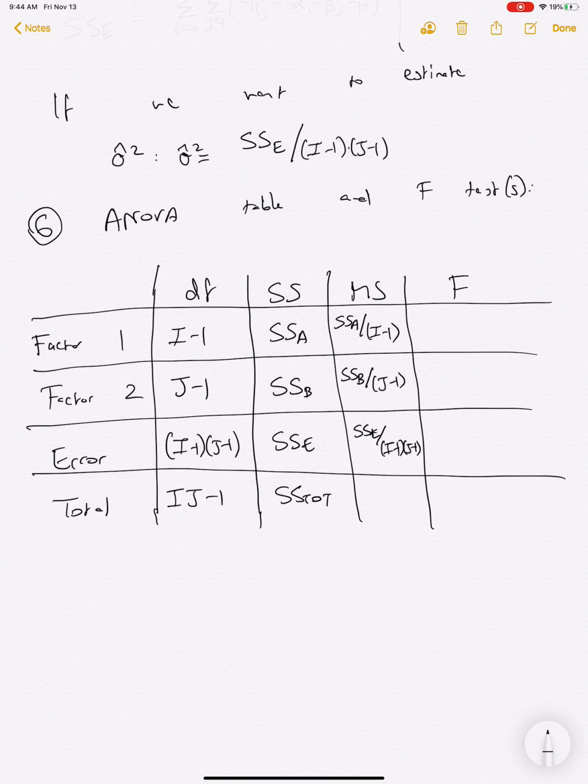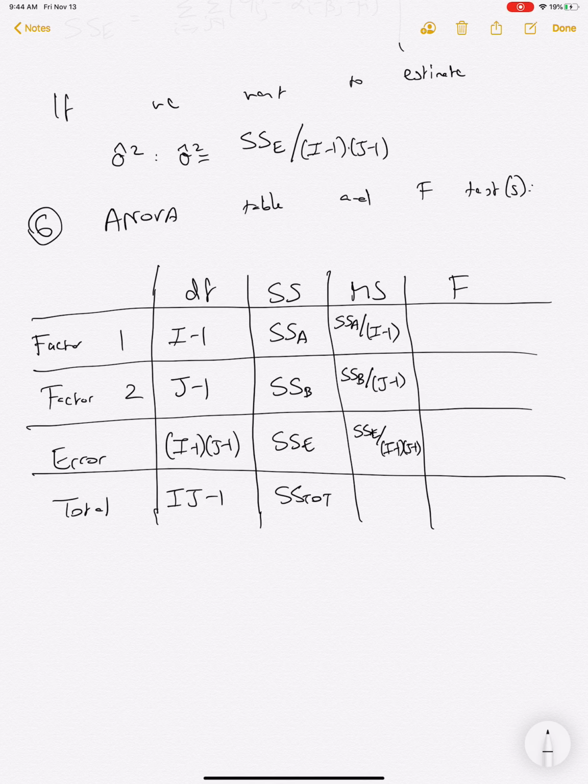And then for the F, we're going to get a different F depending on whether you're testing, you remember there's two possible nulls: the first factor is not significant, and the second factor is not significant.